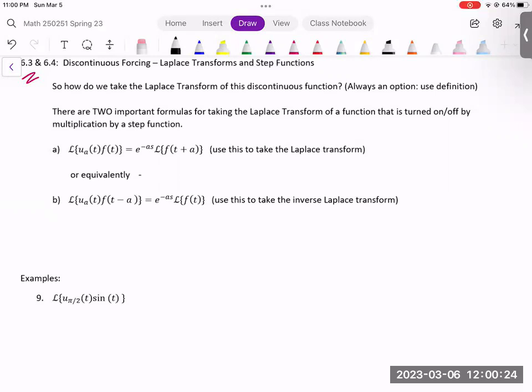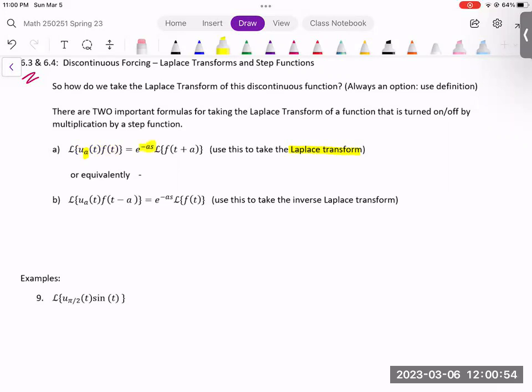There are going to be two important formulas for taking the Laplace transform when we have multiplication by a step function. One of them is going to be super nice for going forwards because it has a nice, easy left-hand side. So this says that the Laplace transform of a step function that turns on at time A, I'm going to just highlight this A, the Laplace transform of this is going to be e to the negative as.